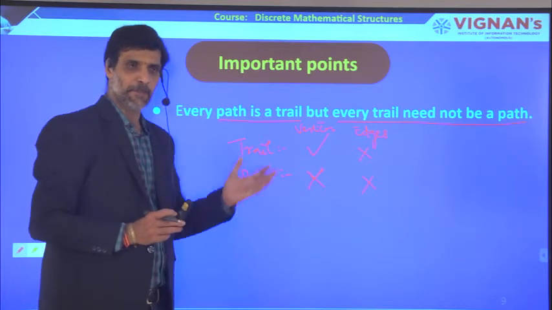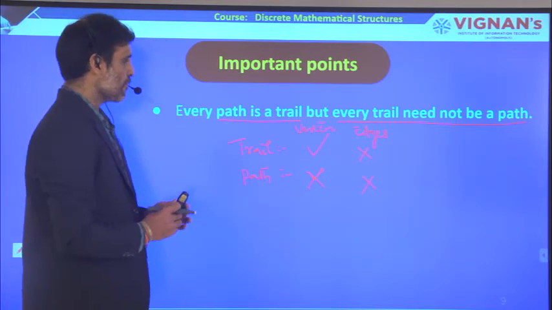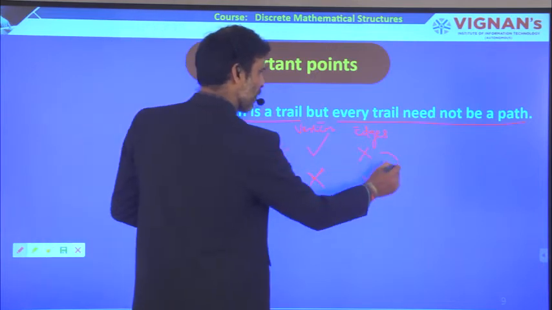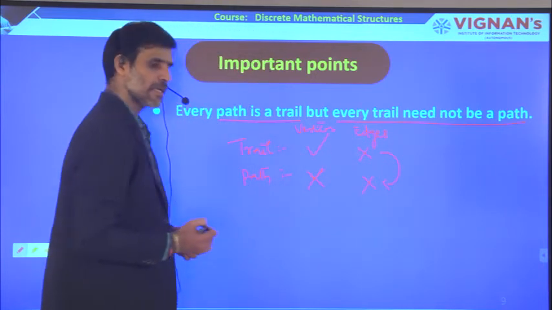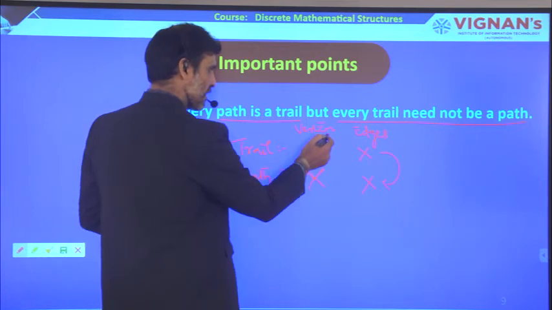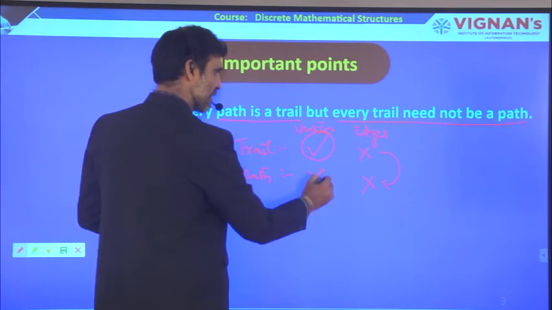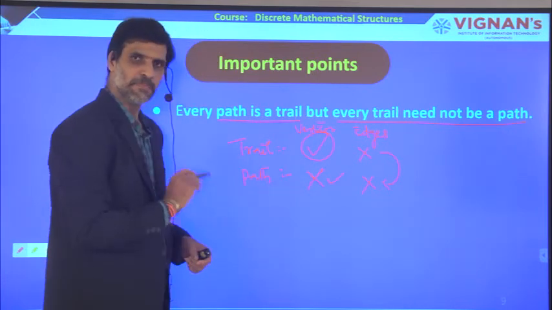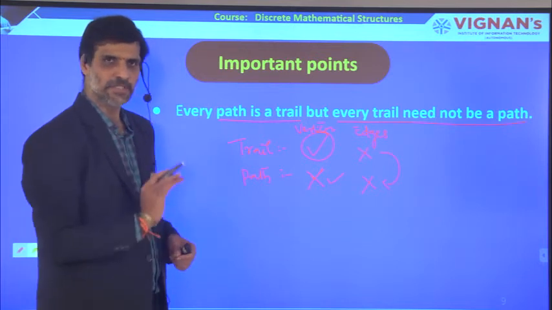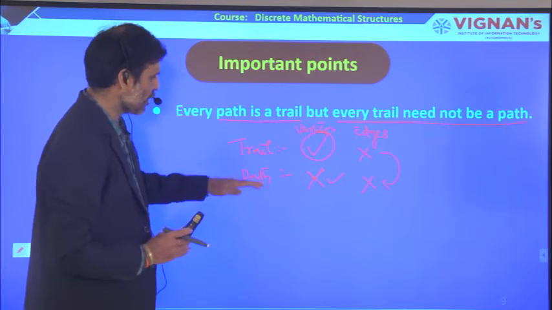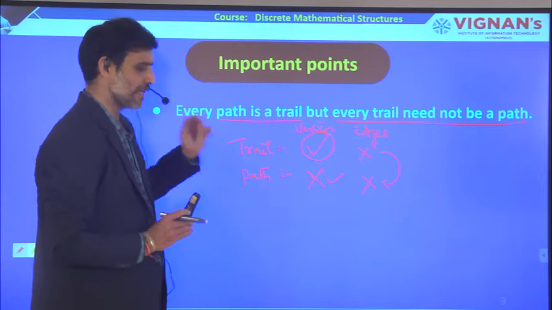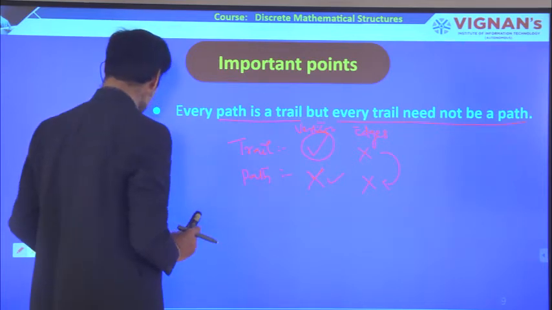But a trial cannot be a path, because in a trial the vertices may be repeated, but in a path vertices may not be repeated. Because of that, a trial need not be a path, but a path is a trial. This is the first important point.